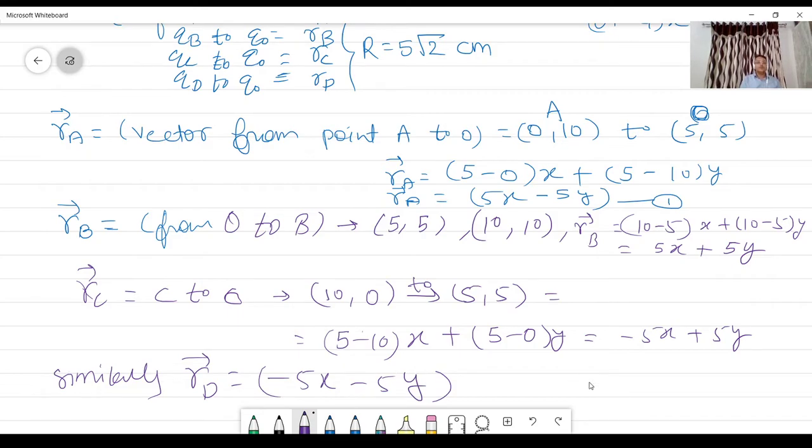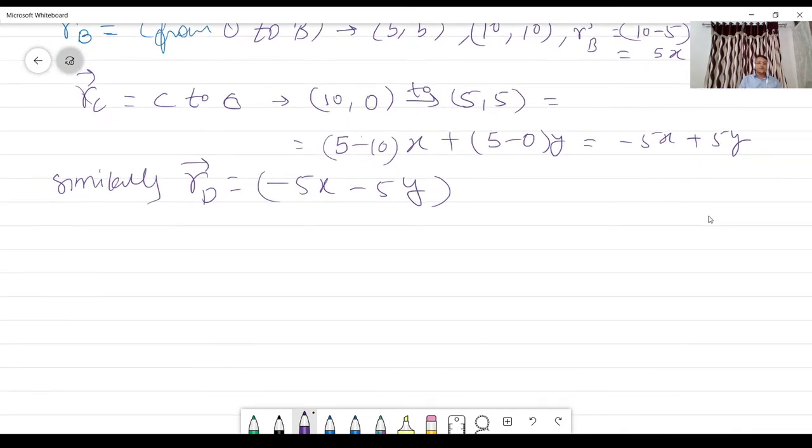So now we have all 4 vectors. Also I have the directions with these vectors, and I also have the values of the distances RA, RB, RC and RD, 5 root 2. So now suppose I want to find the net force on the Q naught.